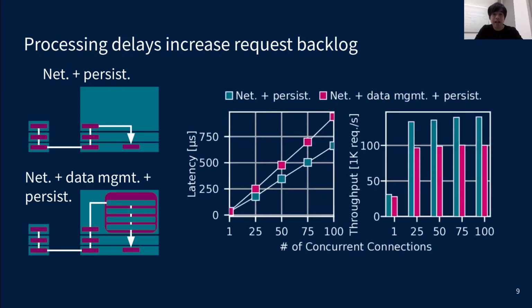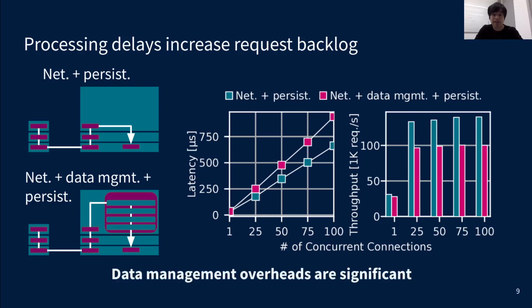In the left figure, I confirmed that the latency impact caused by data management overheads can be hundreds of microseconds, and in the right graph, the throughput penalty can be up to 28%. Those penalties are because of the request backlog increased by data management overheads. I conclude that data management overheads are significant.